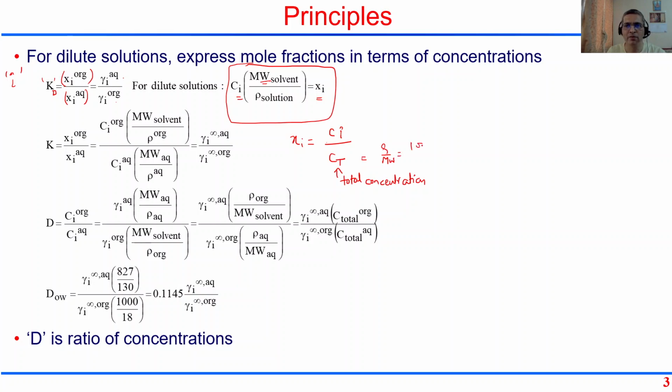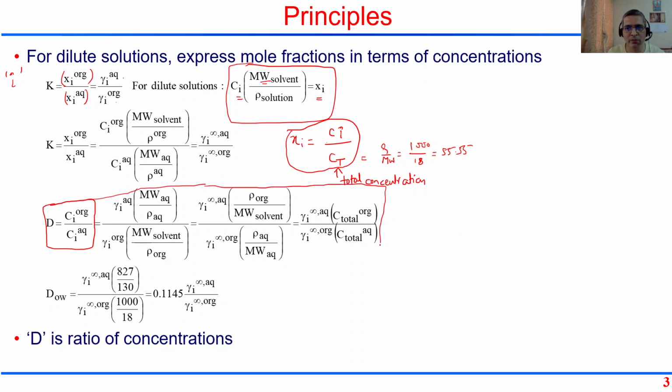So remember, 1000 divided by 18 for water is 55.55. So we can replace this xi in terms of concentrations, and now we can write a proper distribution coefficient as concentration of I in the organic phase divided by concentration of I in the aqueous phase, and you will find that you get this kind of relationship, right? You must have seen this in your thermodynamics course last year.